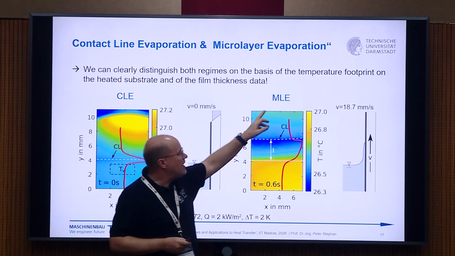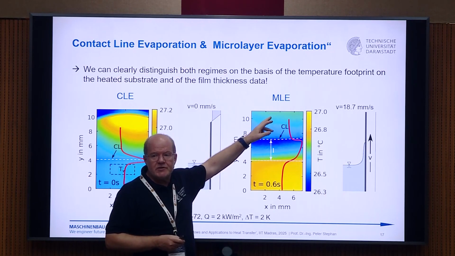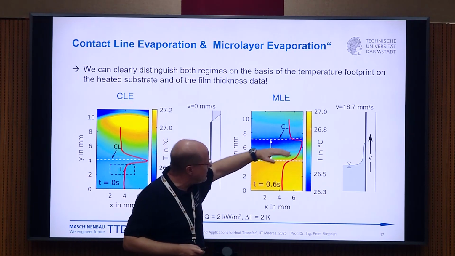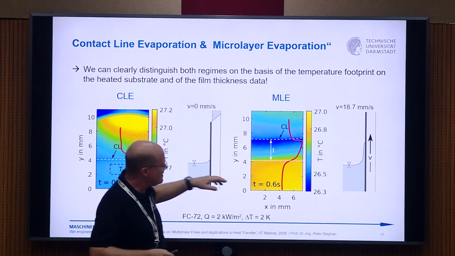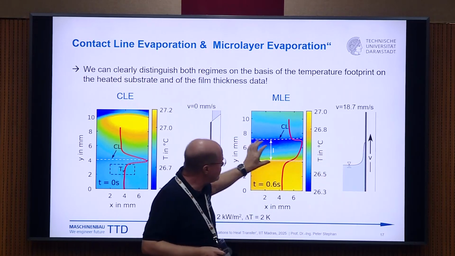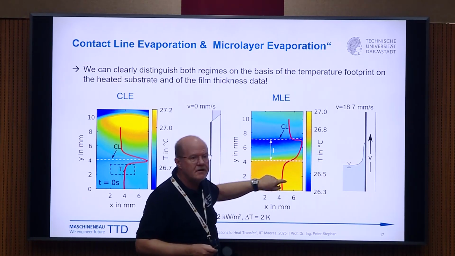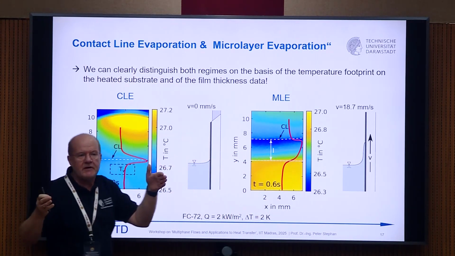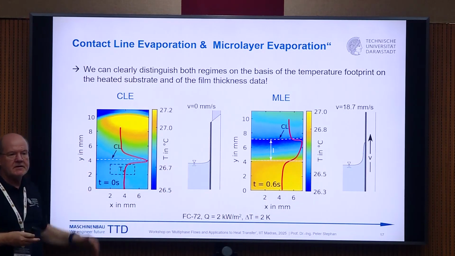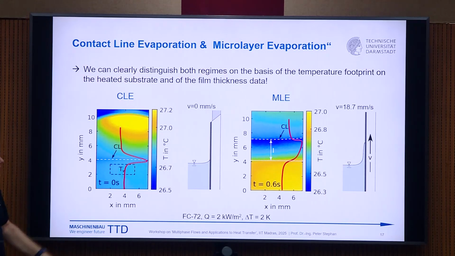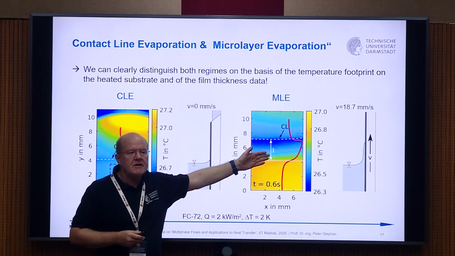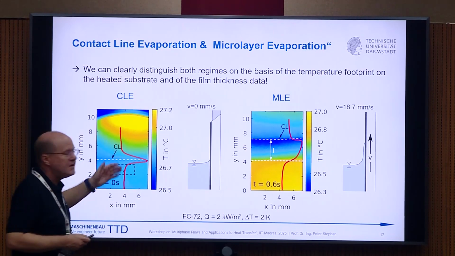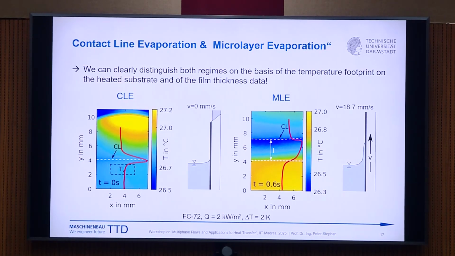Or we are in the microlayer evaporation regime, and then we have the contact line here, and a thin film here, a microlayer, and that means we typically have such a profile with a high heat flux in the spread region of this microlayer. Here it's really a single peak. And of course, the microlayer is much more effective concerning evaporation than this single peak.